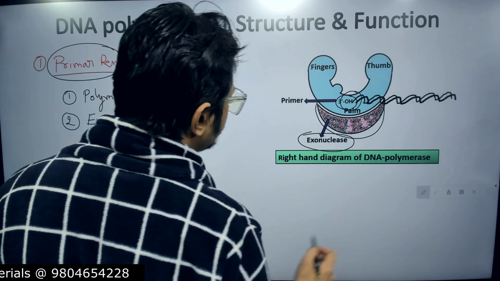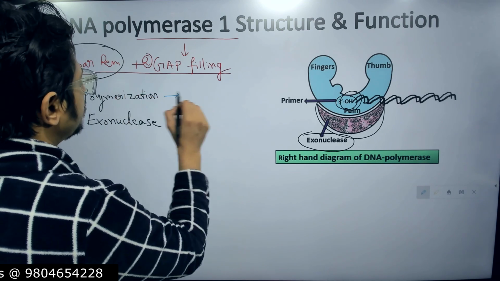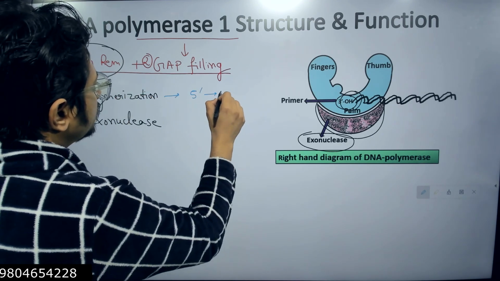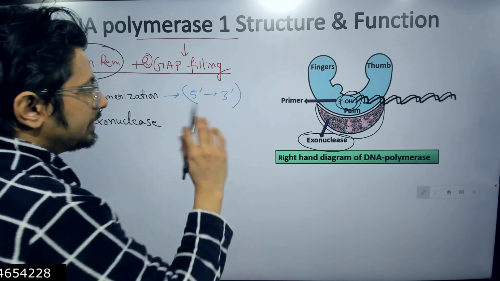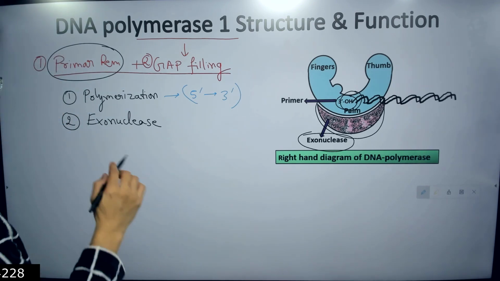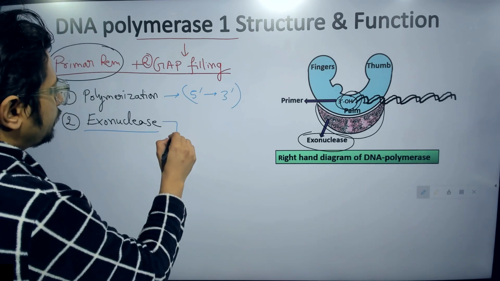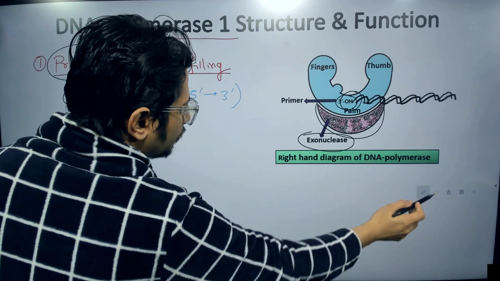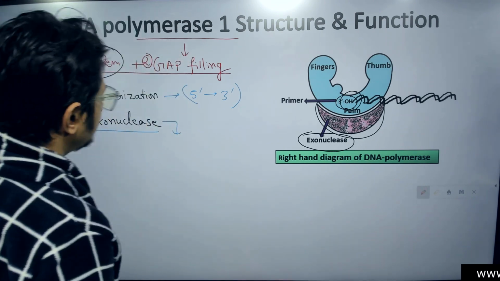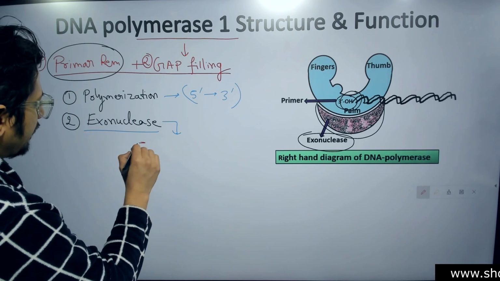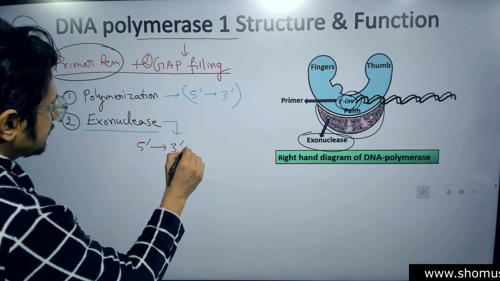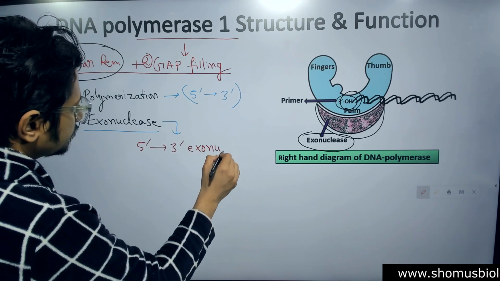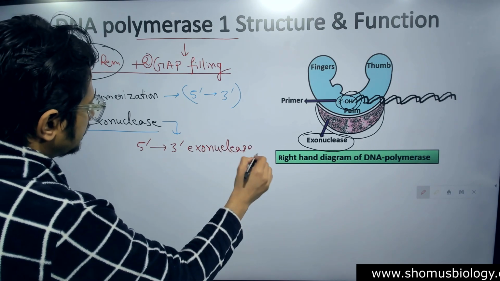The polymerization function for DNA polymerase 3 is 5' to 3' of the newly synthesizing DNA. That is the functionality. But the exonuclease function for DNA polymerase 1 is unique because it has 5' to 3' exonuclease activity. This is unique.